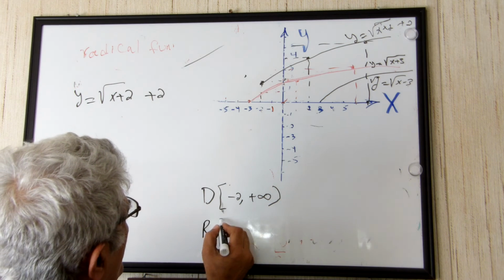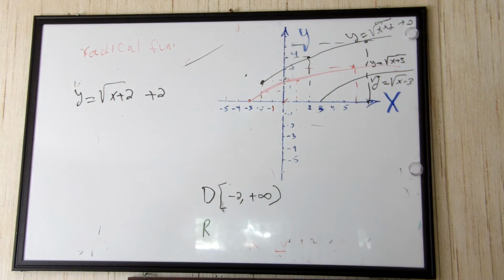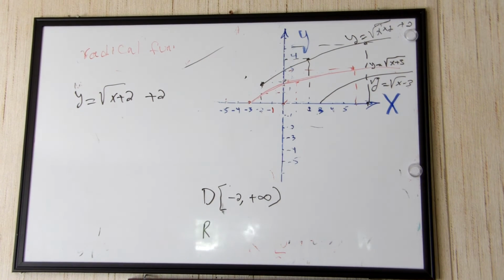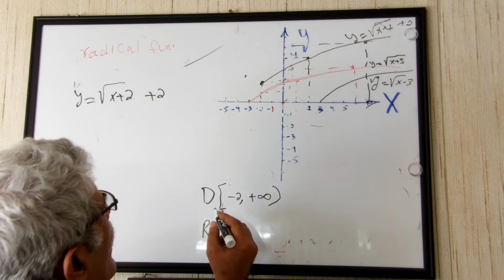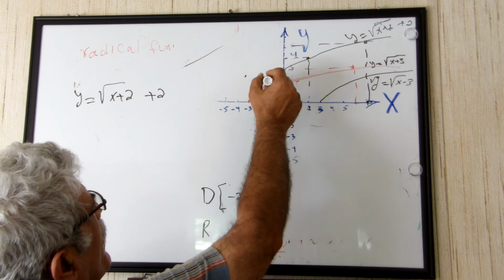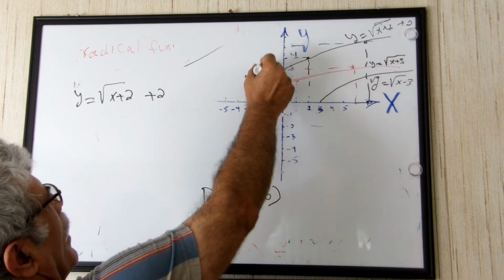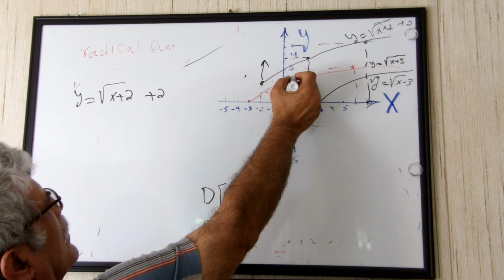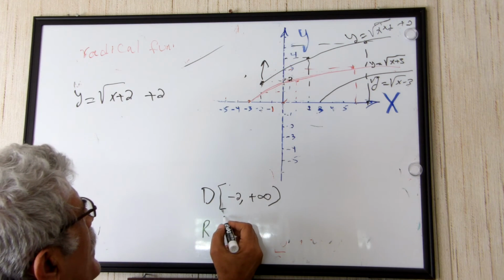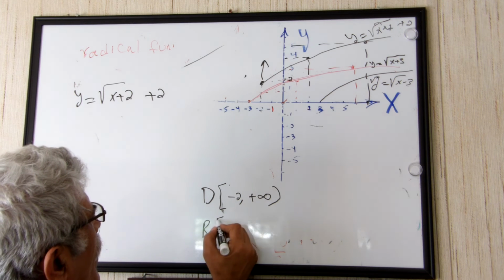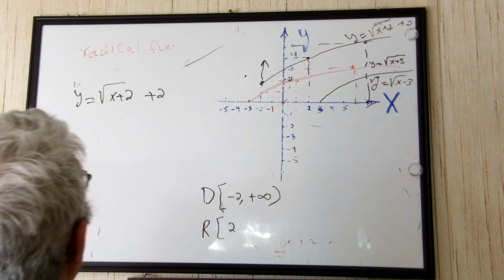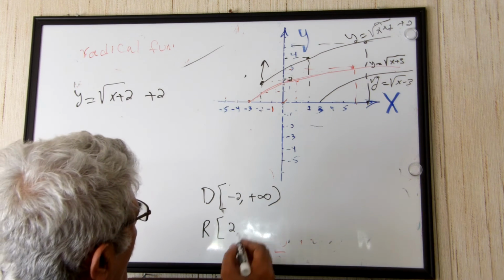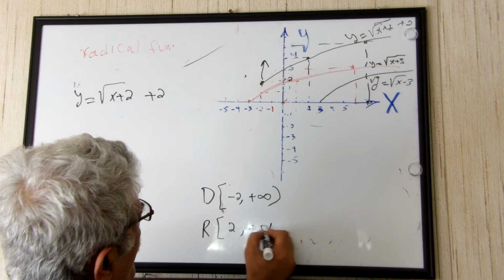And then what is going to be the range? The range is going to be the values of y that it can get. It's going to be from here up to there. This is 2, so it's going to be 2, and then plus infinity.